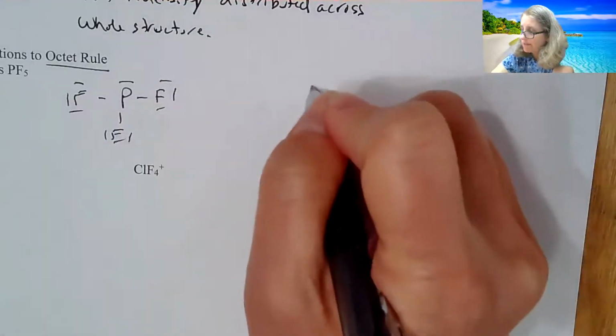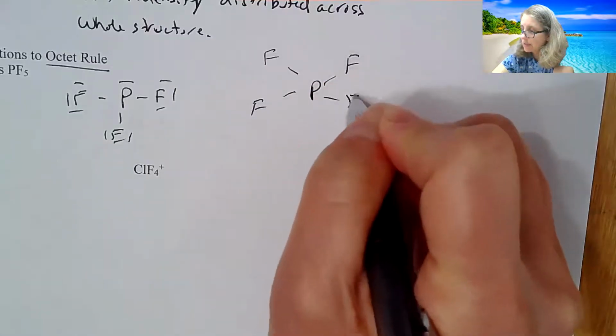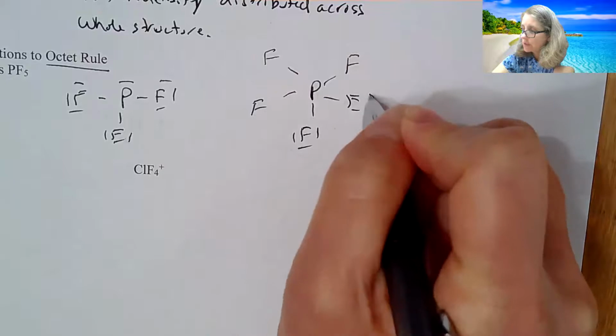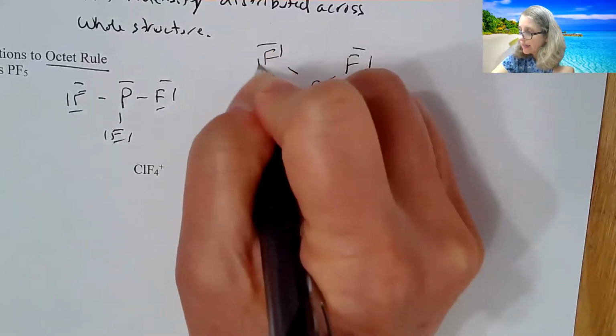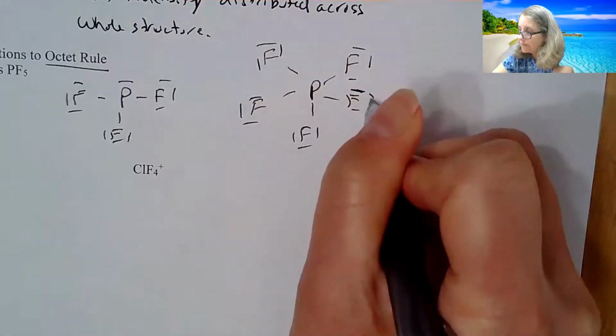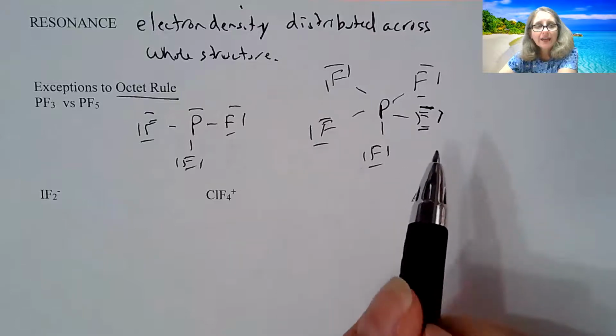But PF5 actually exists. Okay, that molecule is actually a known molecule. So what's going on here? Okay, I have phosphorus with 5 valence electrons. How am I getting like an expanded octet?